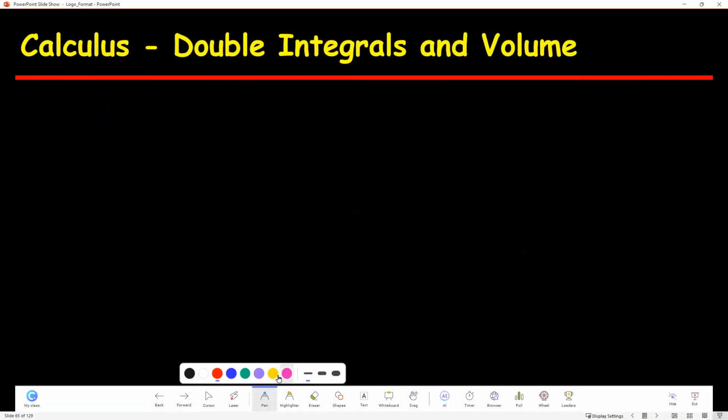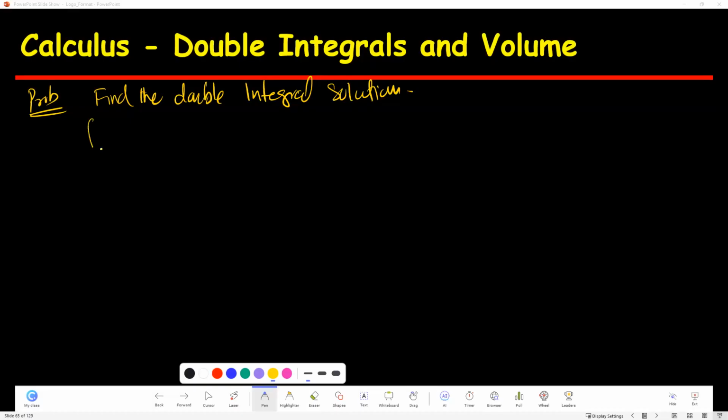Let's take a look at another problem. This problem, nothing is given as finding. And the integral is given like this.